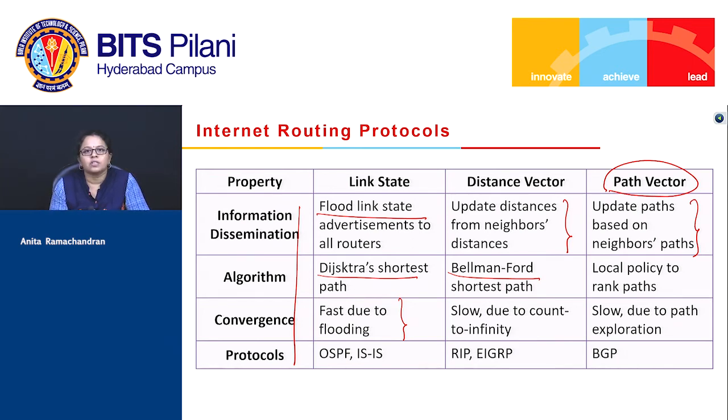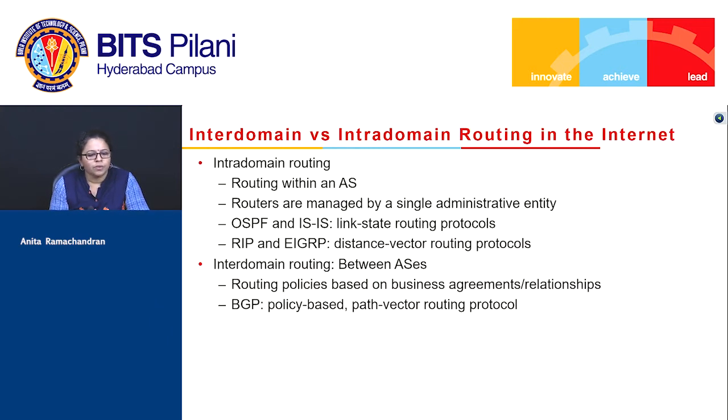And path vector is also said to be slow because of path exploration. Examples of protocols that implement link state algorithm are OSPF and IS-IS, distance vector algorithm, RIP or EIGRP, and path vector algorithm is BGP.